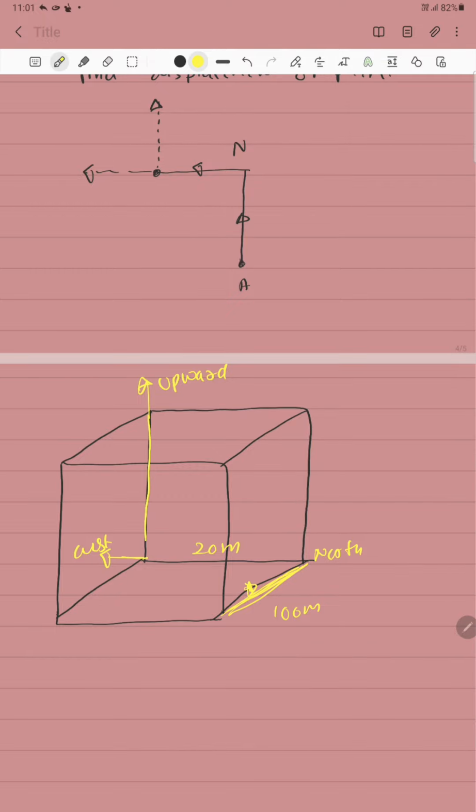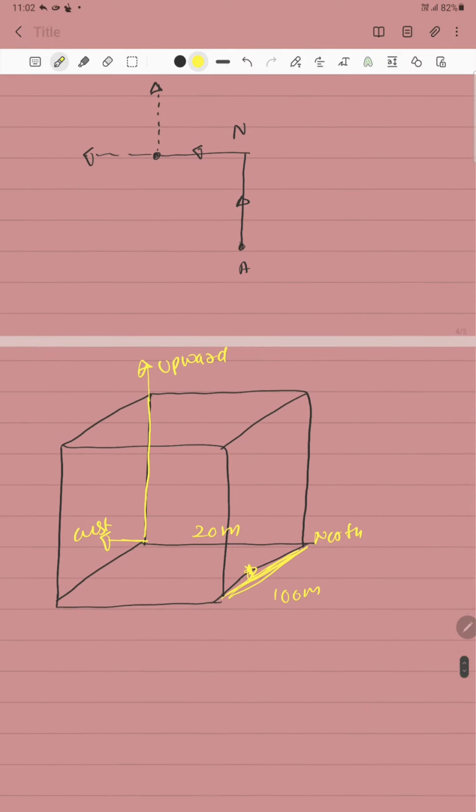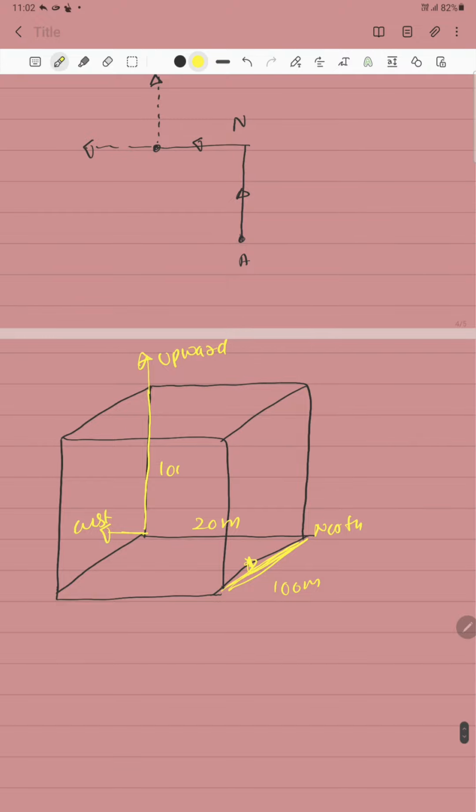How much he go in upward direction? 40 meter, right? So you need to calculate this diagonal AB, right? So now this 3D figure is ready for you.